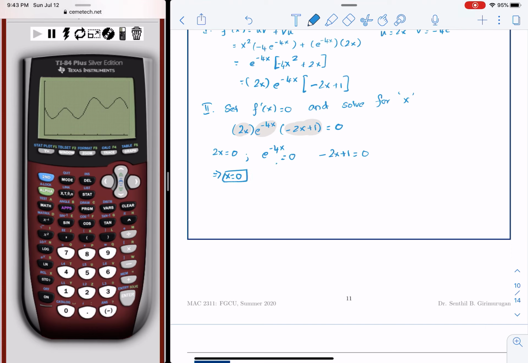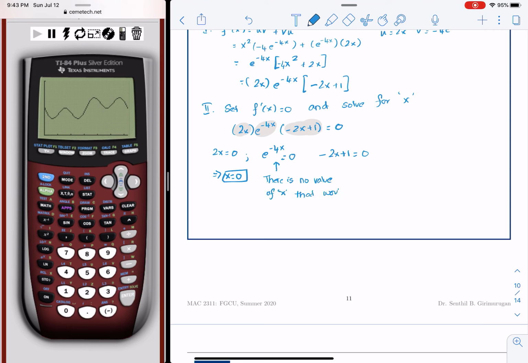Now, this could never be true. So there is no value of x that would satisfy the above equation. Why? An exponential becomes 0 only in the limit.